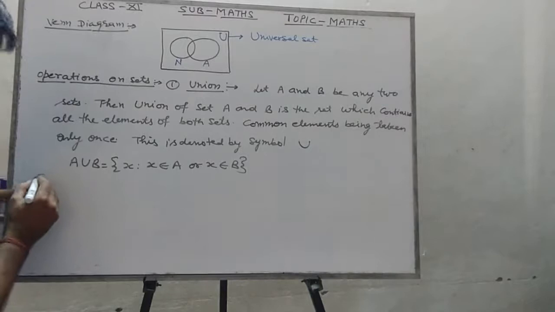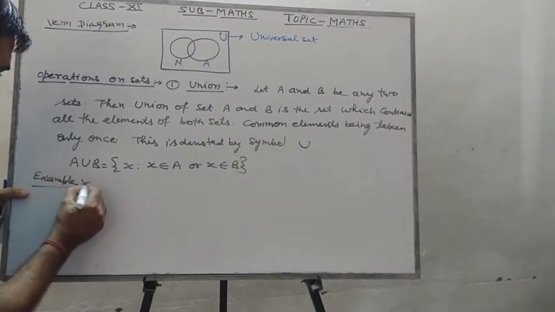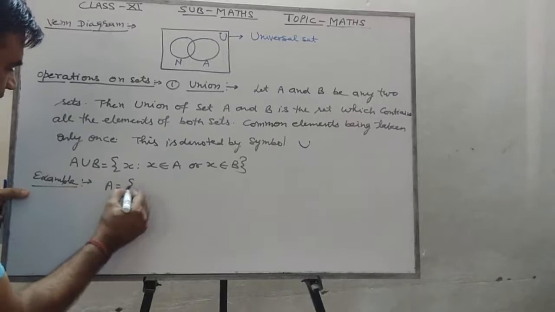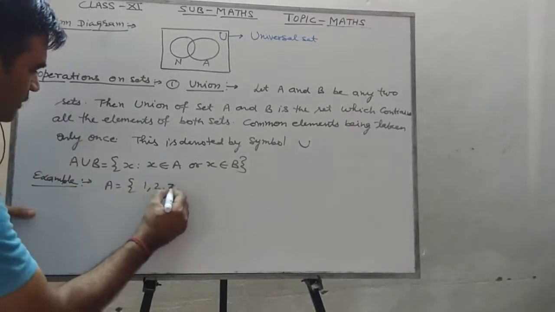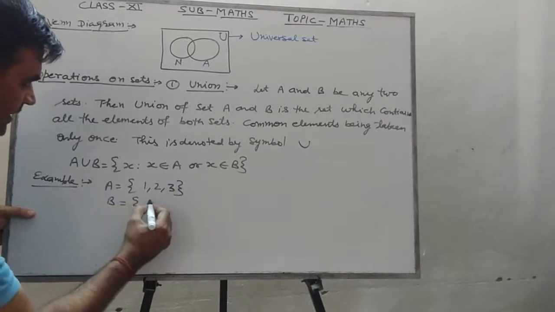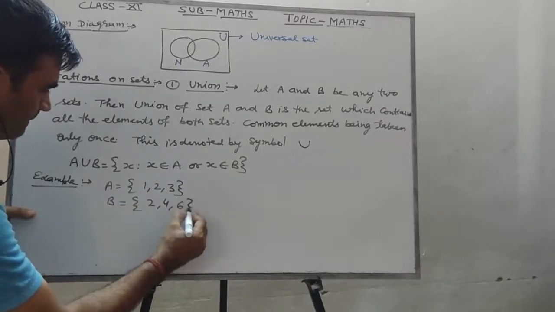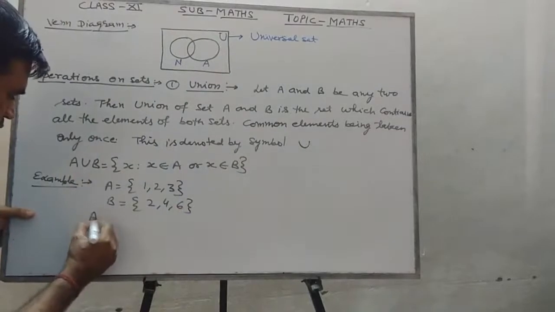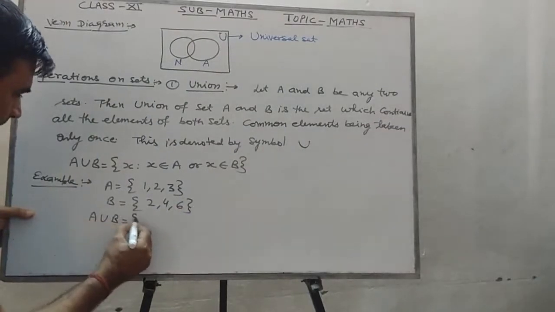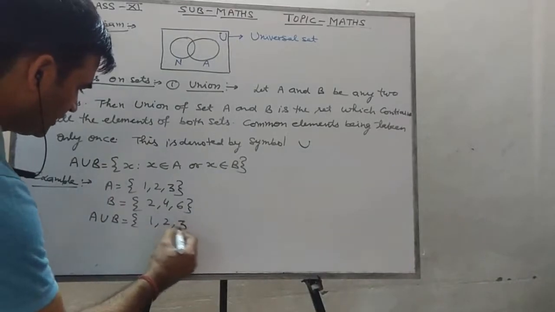Say for example that A is the set containing the elements 1, 2 and 3, and B is another set containing the elements 2, 4, 6. Then A union B will be: write the elements of A, 1, 2 and 3.